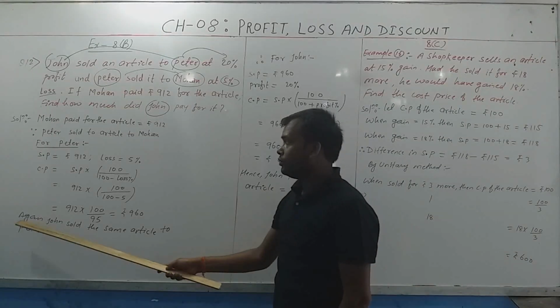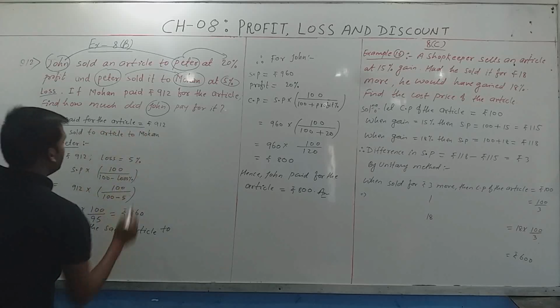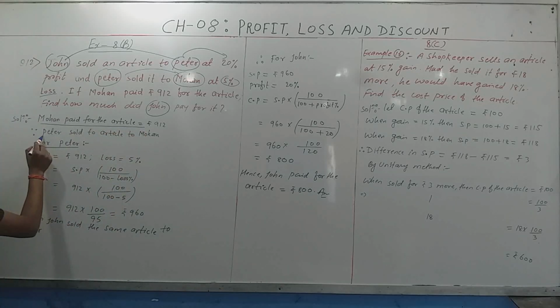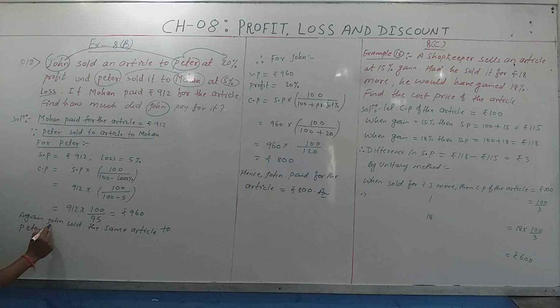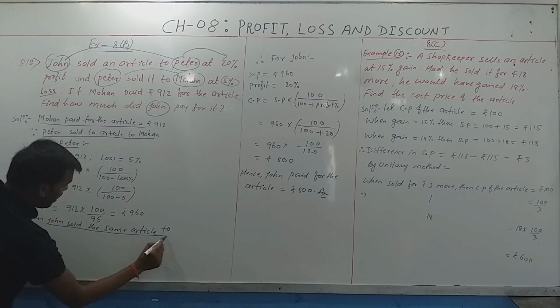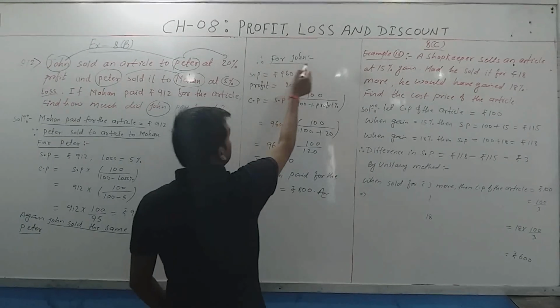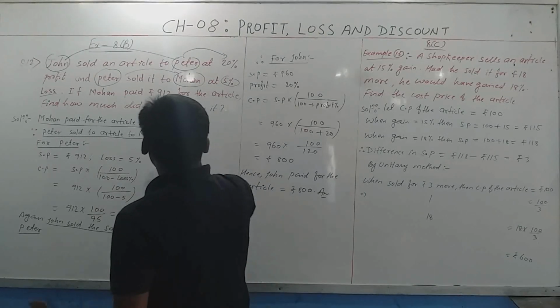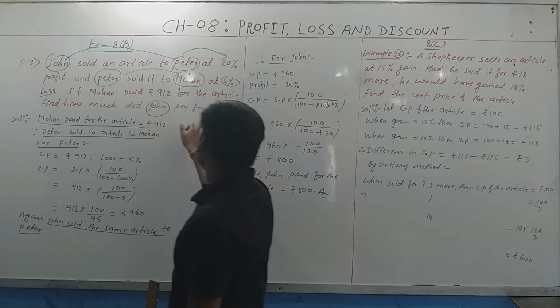Now again, John sold the same article to Peter, so now we have to find for John how much he paid for it.